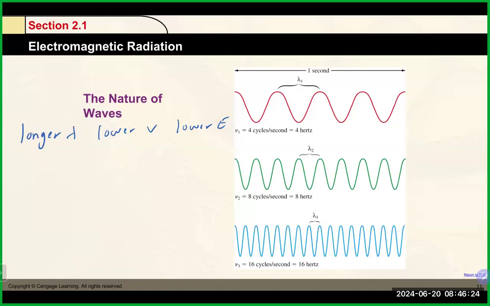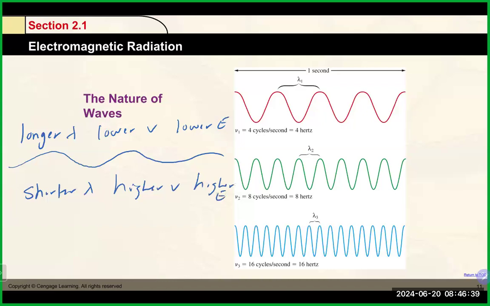That's something that's just kind of moseying along. Now, if we have a wave that has a shorter wavelength and a higher frequency, that is usually associated with a higher energy. That is something that's moving really fast, right?